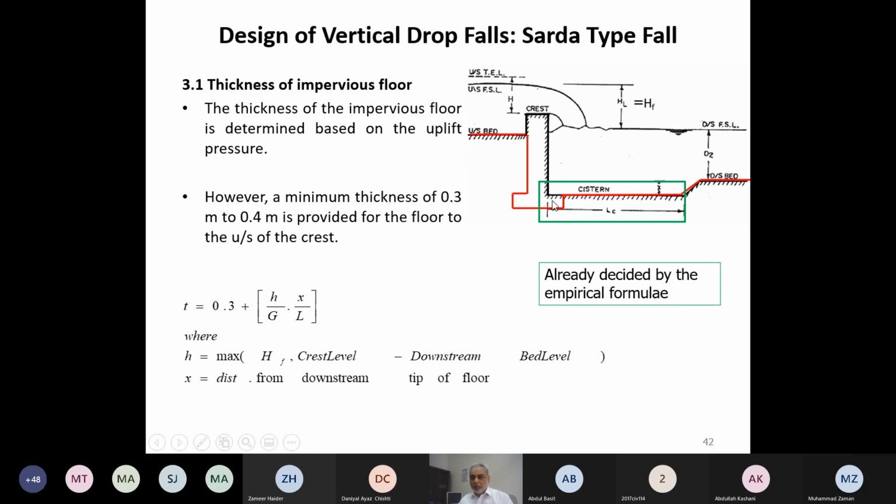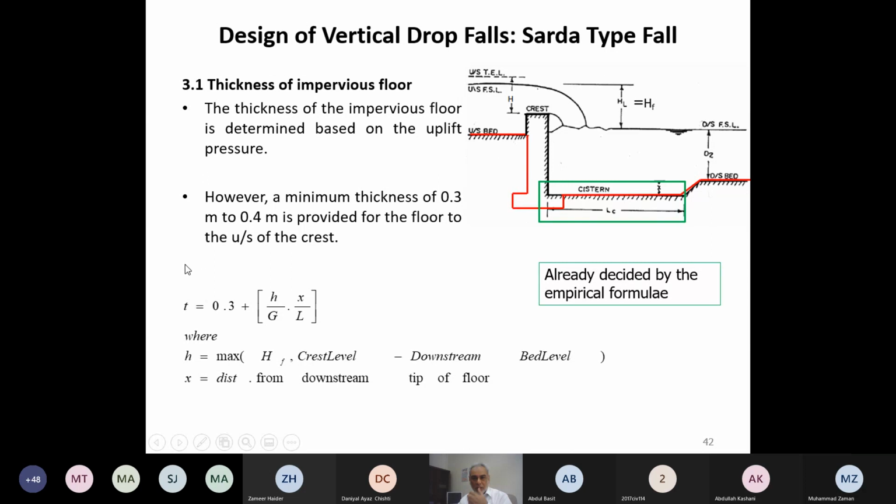Otherwise, the maximum thickness will be required just underneath the downstream face of the crest. यहाँ पे जो है maximum thickness इसको चाहिए होगी. So if we keep X equal to LD, with H over G L multiplied by X, that will give you the maximum value of this.